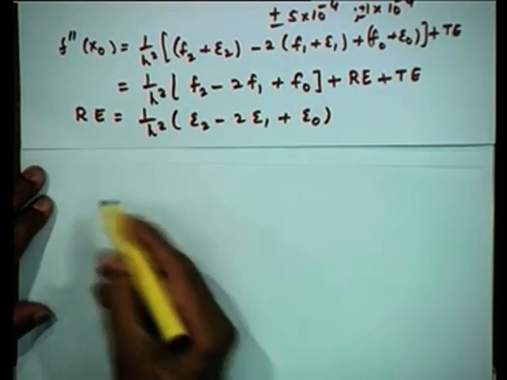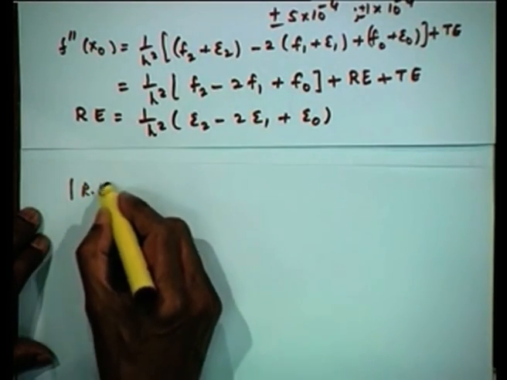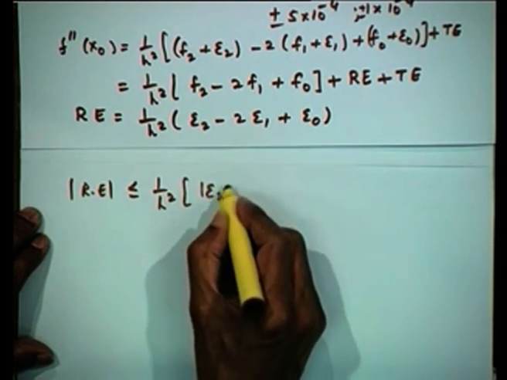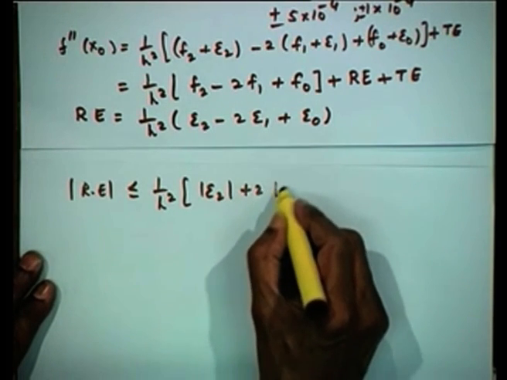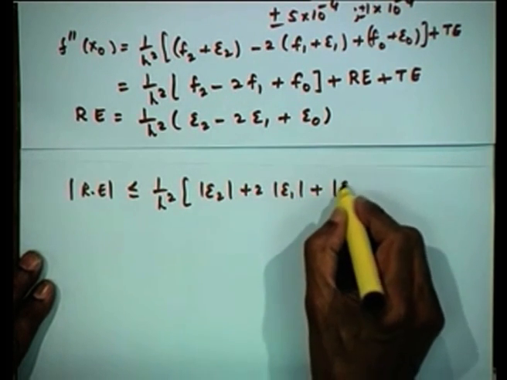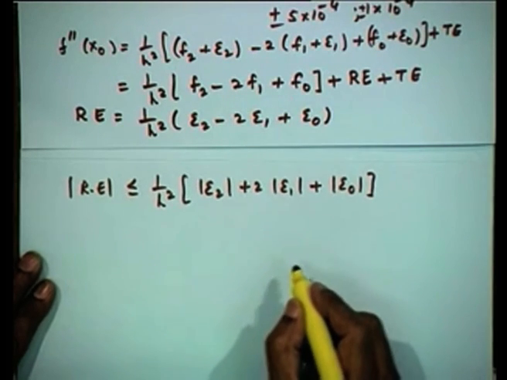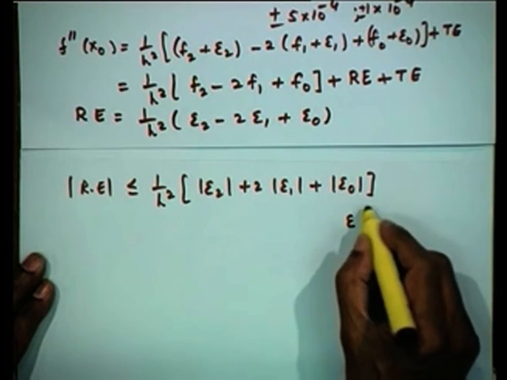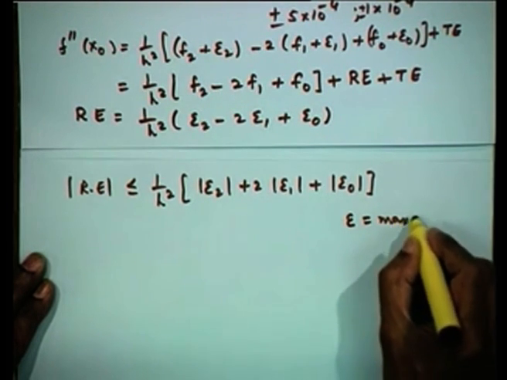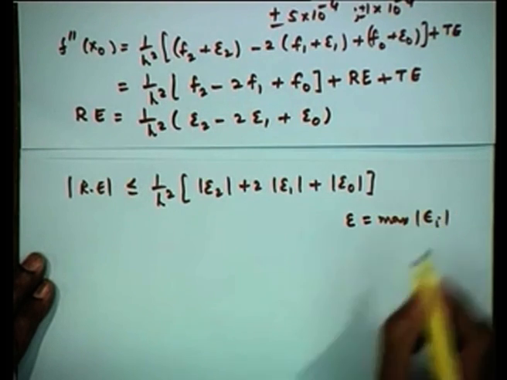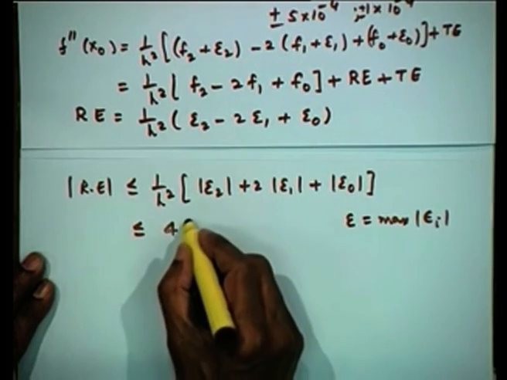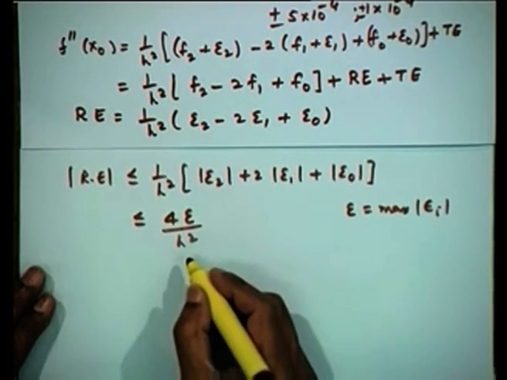Now, let us find out the magnitude of this round off error. The magnitude of the round off error is less than or equal to 1 upon h square times the magnitude of epsilon 2, plus twice the magnitude of epsilon 1, plus the magnitude of epsilon 0. If you call epsilon the largest of all these, I can simply write this as 1 plus 2 plus 1, that is 4 times epsilon by h square.